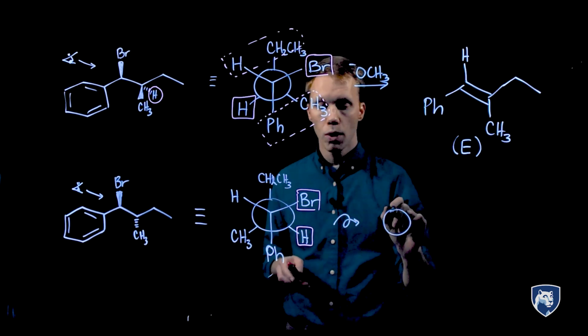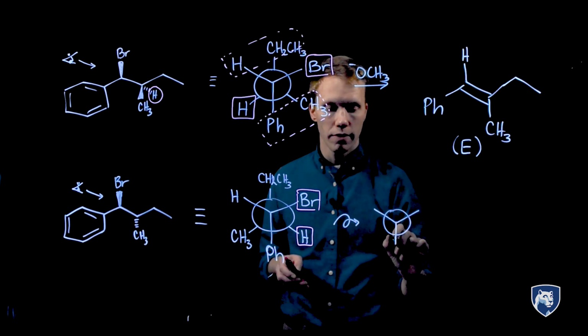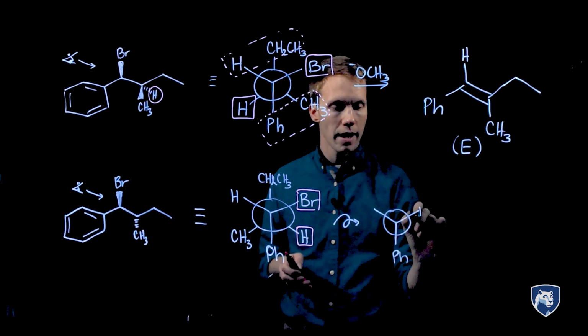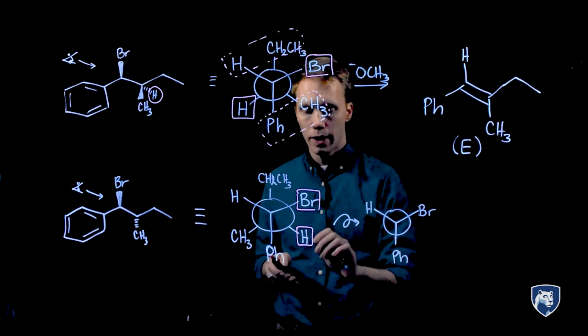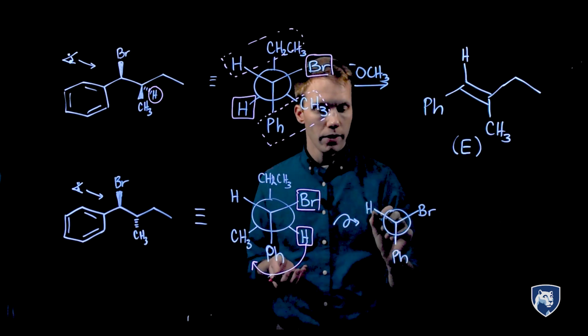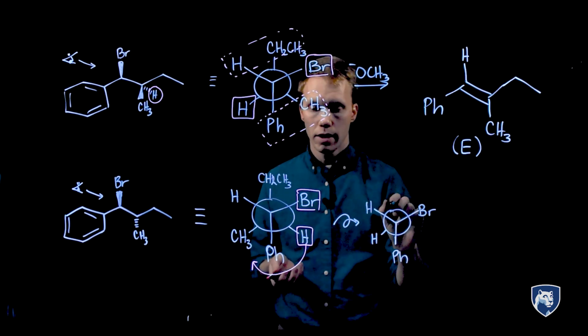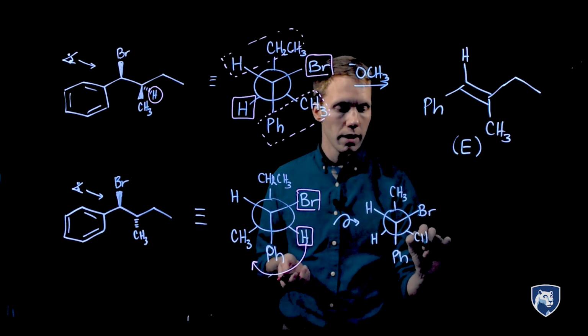We must rotate about that bond to give a conformer where the beta hydrogen and the leaving group are anti. So what I need to do is rotate the back around 120 degrees such that these groups will be anti.